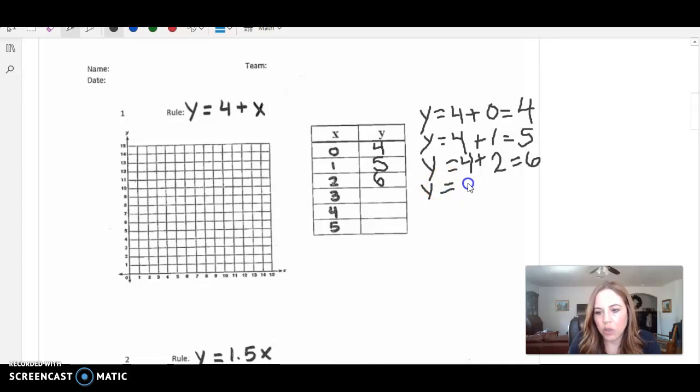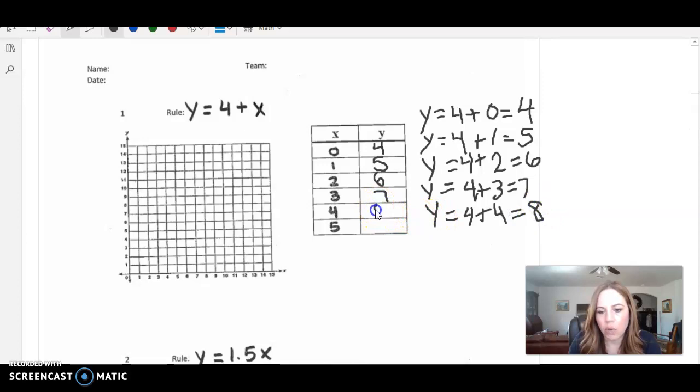Y is equal to 4 plus, do we see a pattern here? 3, which is equal to 7. In an additive pattern, if your x values go up by 1, then your y values will go up by 1 because you're increasing by the same amount every time. 4 plus 4, which is equal to 8.